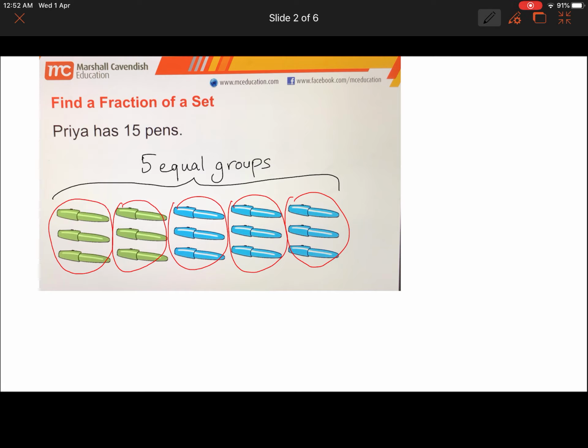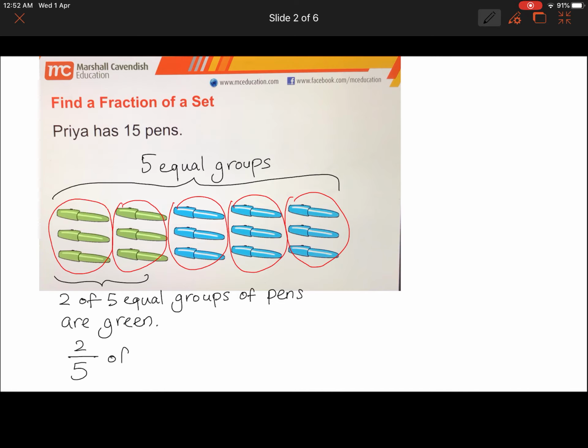And out of the 5 equal groups, 2 groups are green pens. Therefore, the fraction of green pens will be 2/5 of the pens are green.